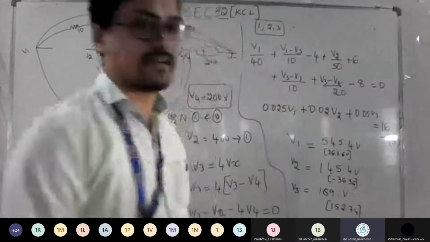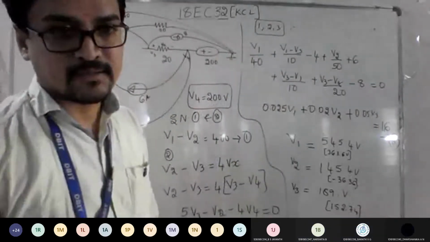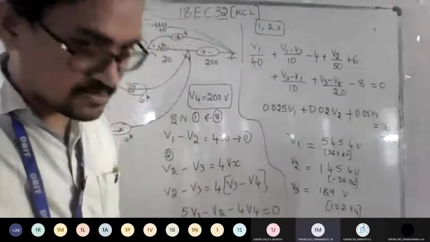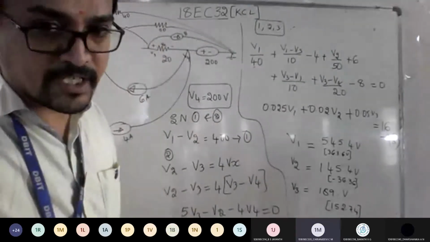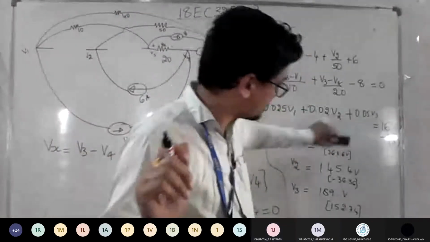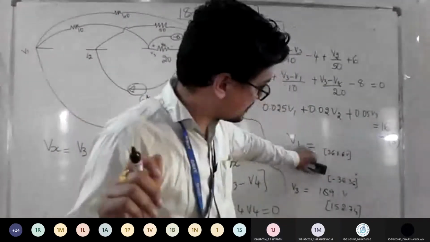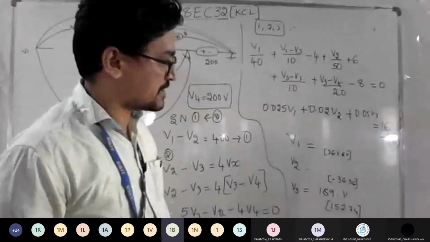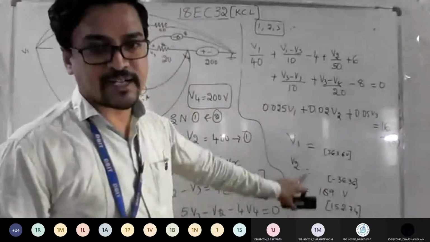So now tell me which one is correct. So 363 is correct. Just check the equation once. Yes, sir. 363.6. I think it's minus 36. And sir, last is 152. So these are the correct answers.